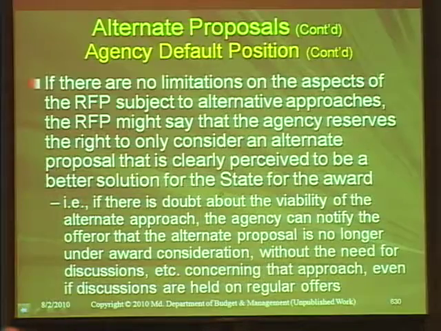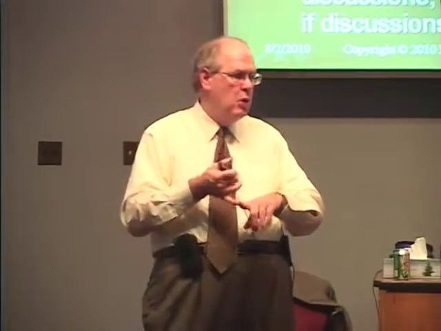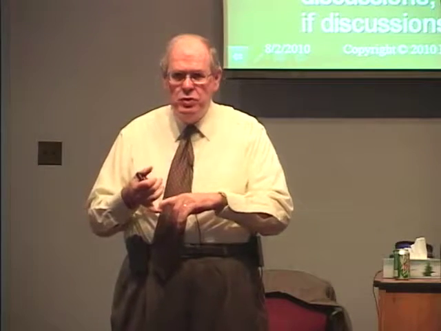All right. This is a real consideration, and we had a situation within the past 6 months where an agency started off with not permitting multiple or alternate proposals, and the vendors said, well, why don't you let us do an alternate proposal?